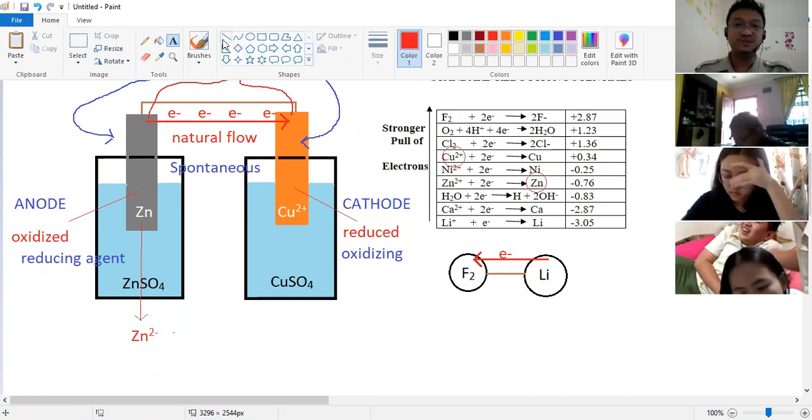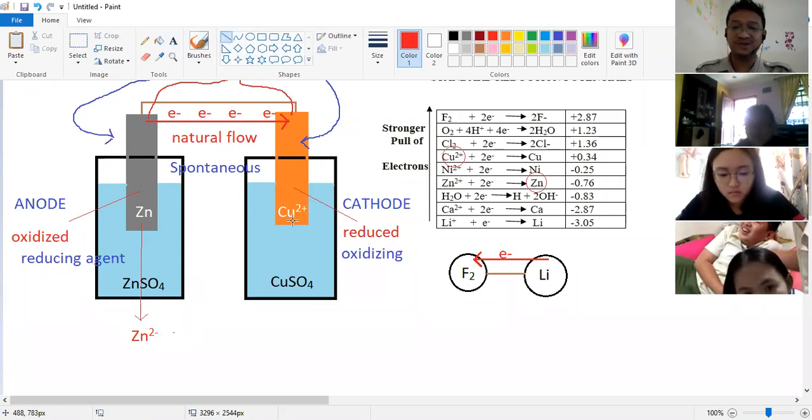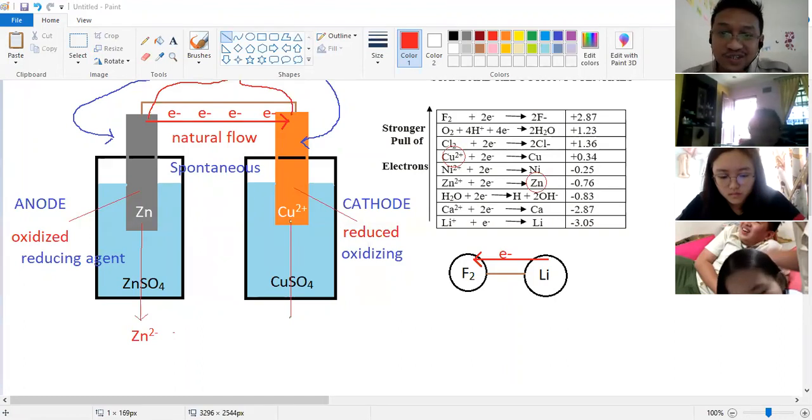Now, how about copper? If copper receives 2 electrons for every atom of it, what will happen to copper? I'm referring to copper, not just the charge. According to Clara, the copper will become neutral, no charge. I will accept the term neutral more.